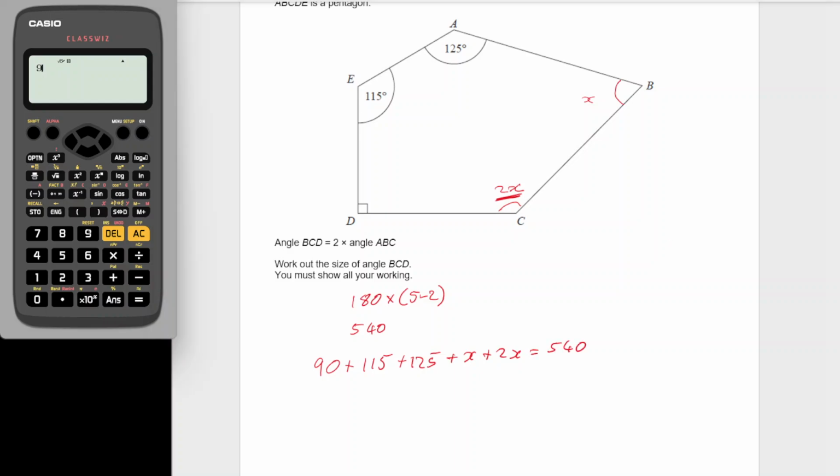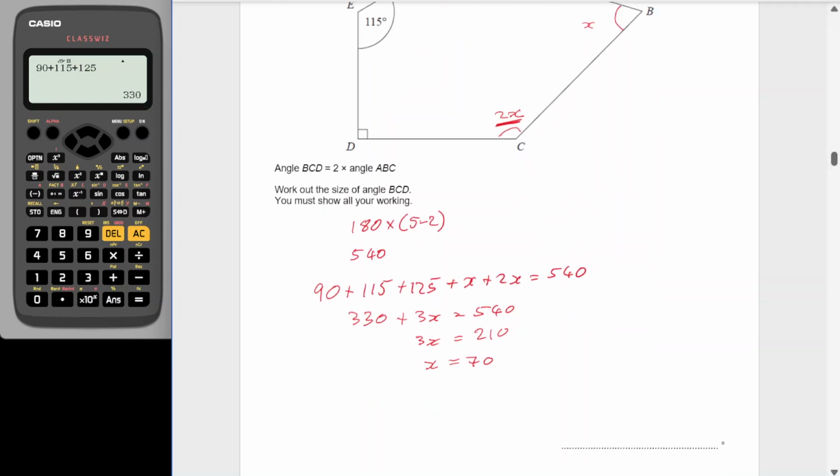So 90 plus 115 plus 125 equals 330, plus 3x is equal to 540. So 3x is equal to 210, so x is equal to 70, but we wanted 2x, so 2x is going to be equal to 140.